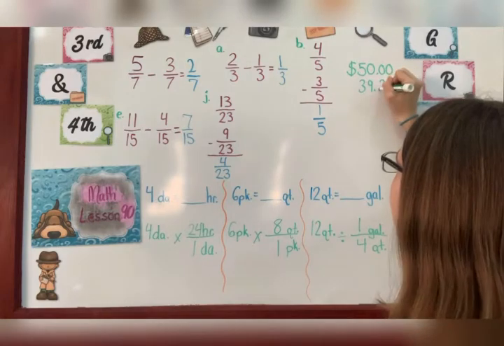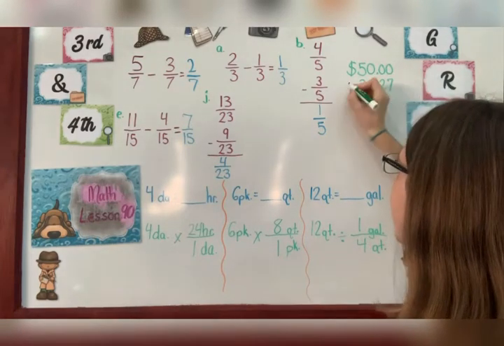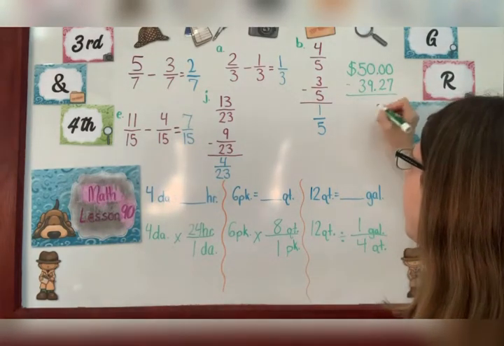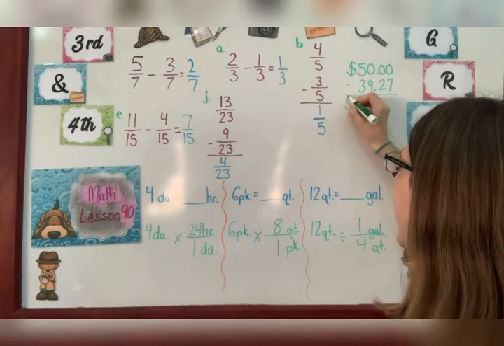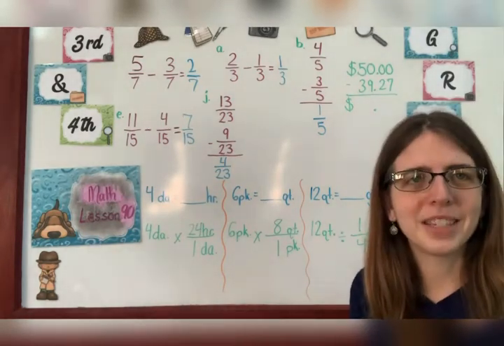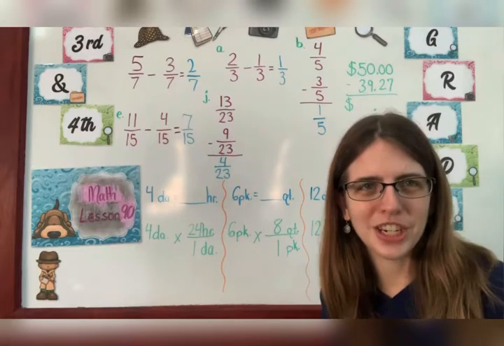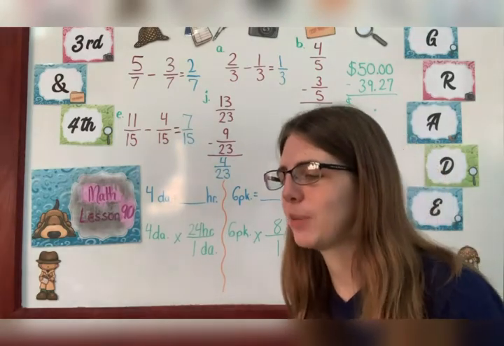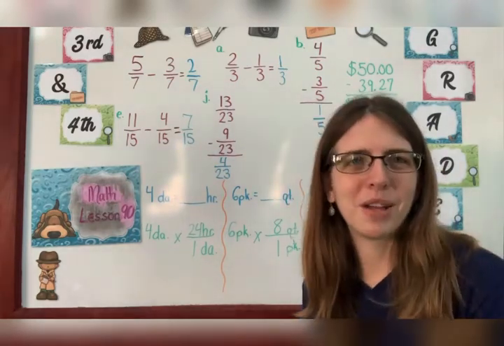So you subtract $39.27 from $50, and your answer with your dollar sign and decimal point is how much cambio she should get. Make sure you put that in workspace A and solve for that problem.